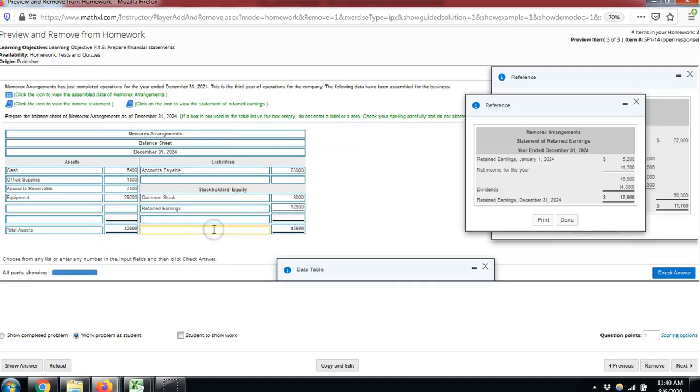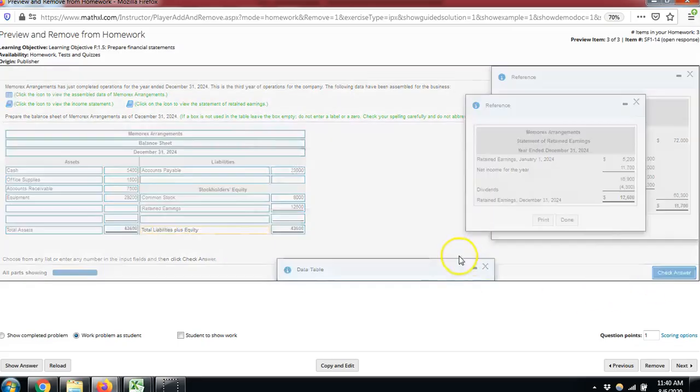So this is critical. You have to always make sure that your total assets equal your total liabilities plus equity. So here is our completed balance sheet. We have all of our assets listed, we have our liabilities and our stockholders' equity, and they all balance out.